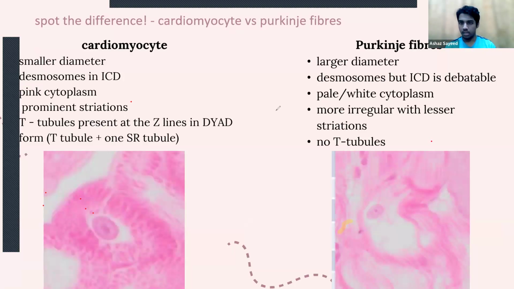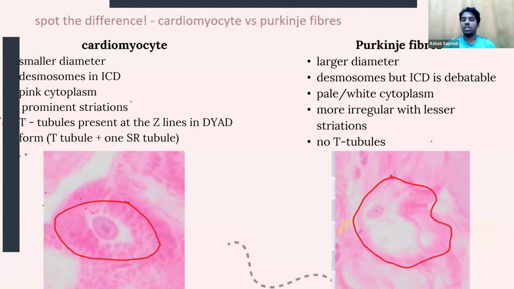On the other hand, Purkinje fibers look larger. Look at this. This is much more compact. You can see the empty cytoplasm is not much as compared to a Purkinje fiber. It's a huge cell, and it's lighter in color.